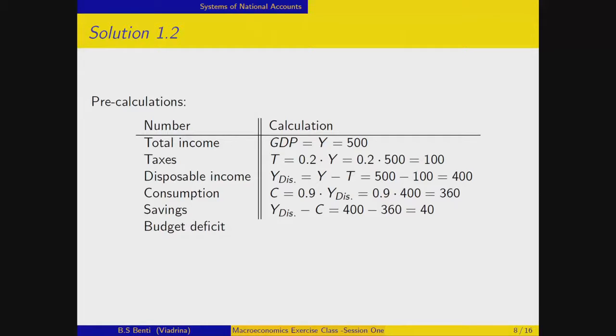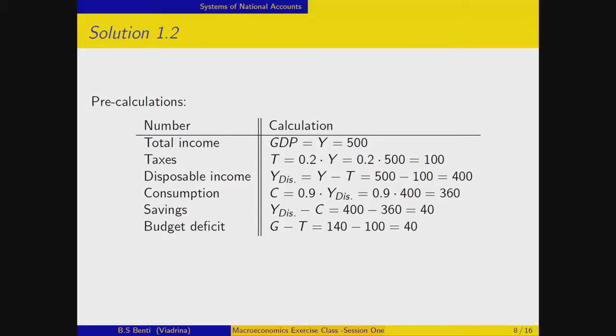The final item is the budget deficit. We have said that the government collects taxes from the households, a value of 100 euros. But then the government buys cars for a value of 140 euros. What the government pays is the government expenditure, and what the government collects is tax. The difference between the two is the budget deficit.